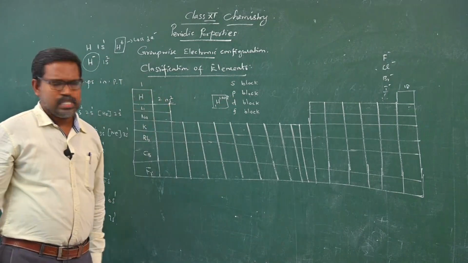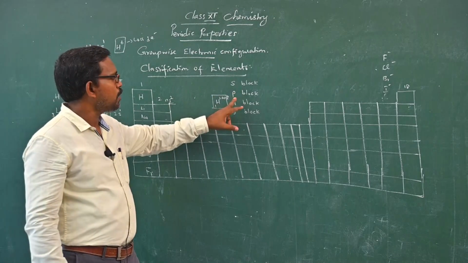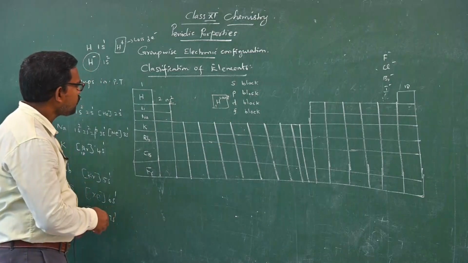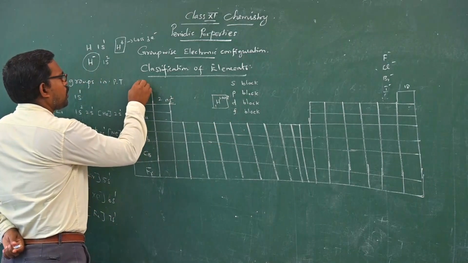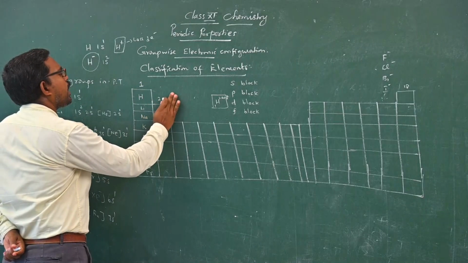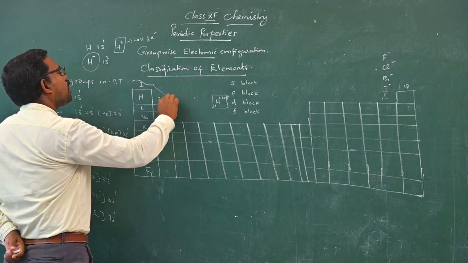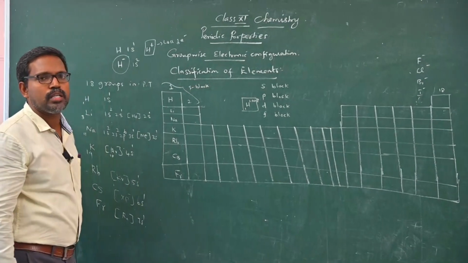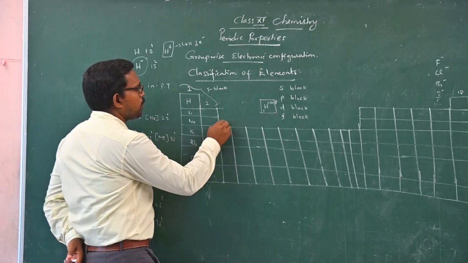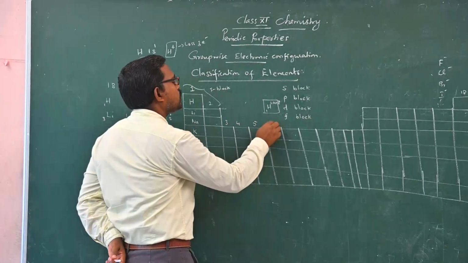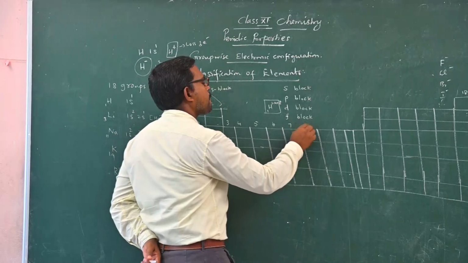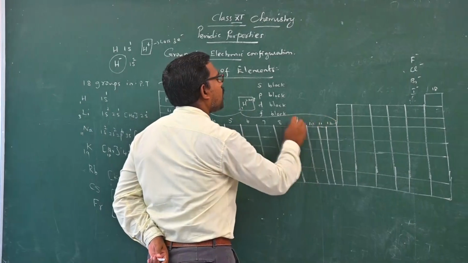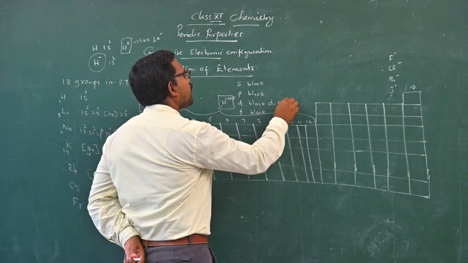How are these elements classified? I already told you: s block, p block, d block and f block elements. Group numbers 1 and 2 are called s block elements. Group numbers 3 to 12 are called d block elements.